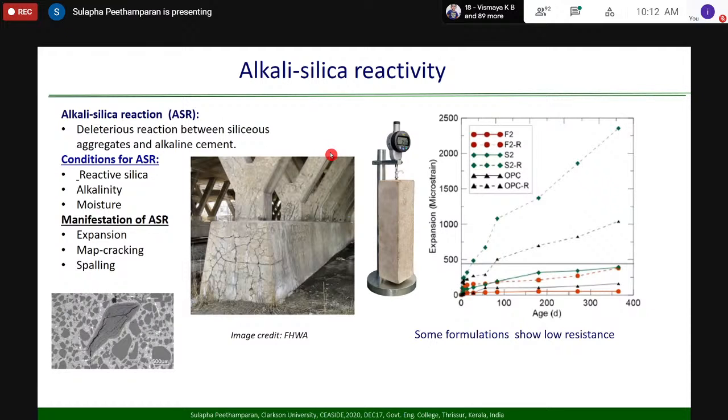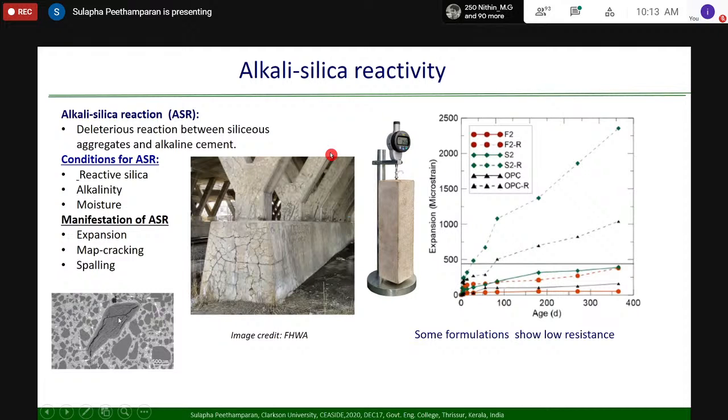Similarly, another durability issue is alkali-silica reactivity. Alkali-silica reaction, or ASR, is a very common problem. We used to call this concrete cancer. Why? If you don't have good quality aggregate, it may have some amorphous content in the aggregate itself.